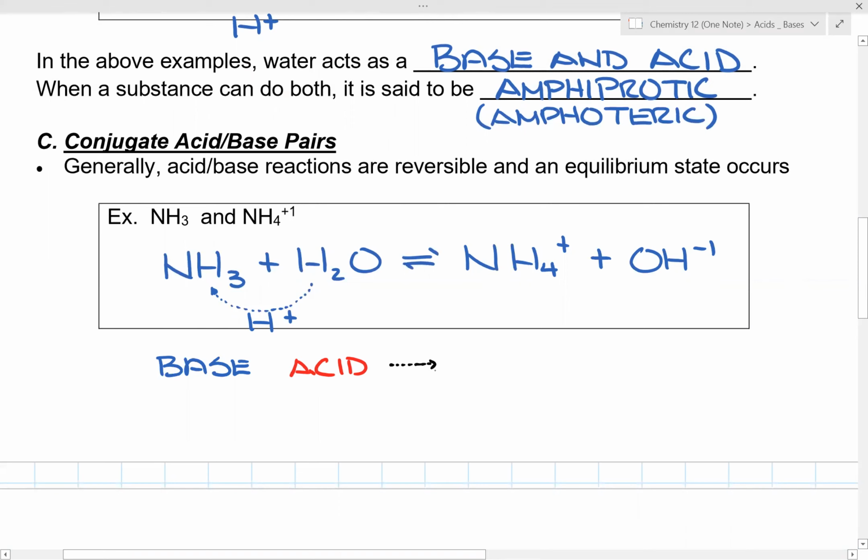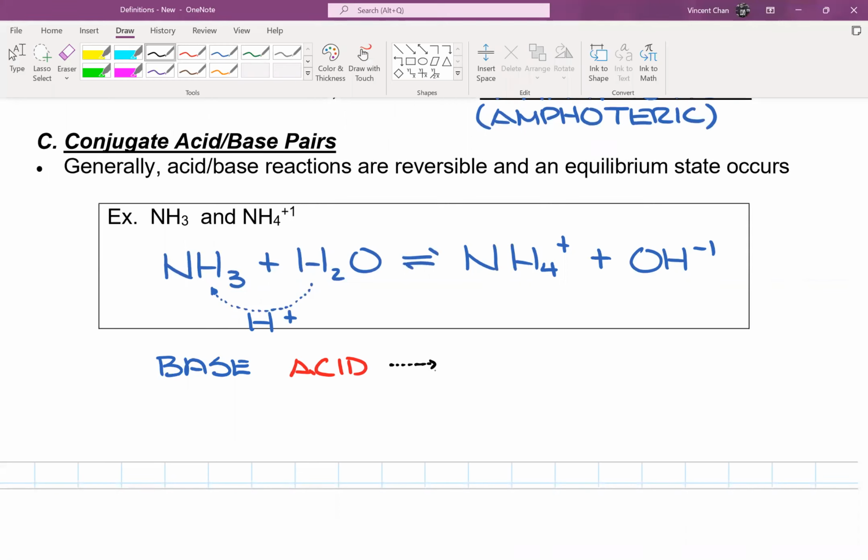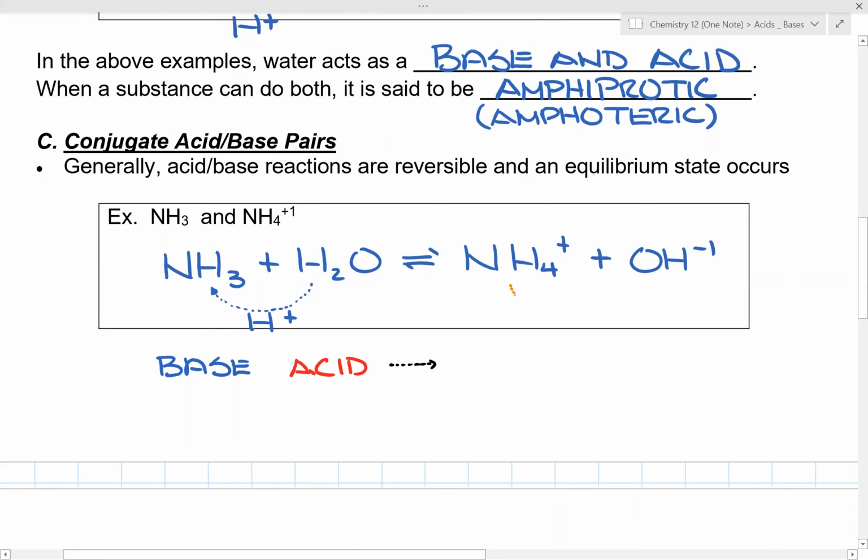Now, if we look at the reverse equation going from products to reactants, notice the NH4 plus donated to the OH minus 1. So in this case, NH4 plus would be considered the acid, and OH minus 1 would be considered the base going in the reverse direction.